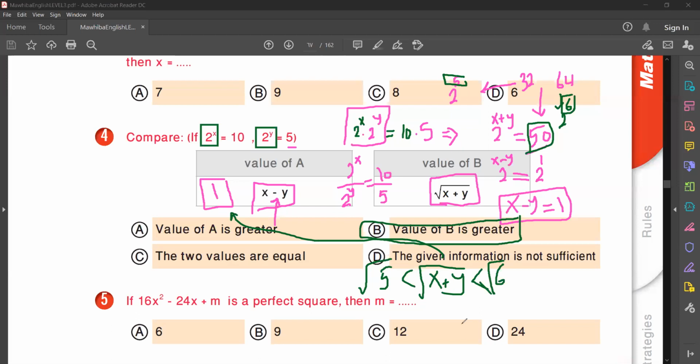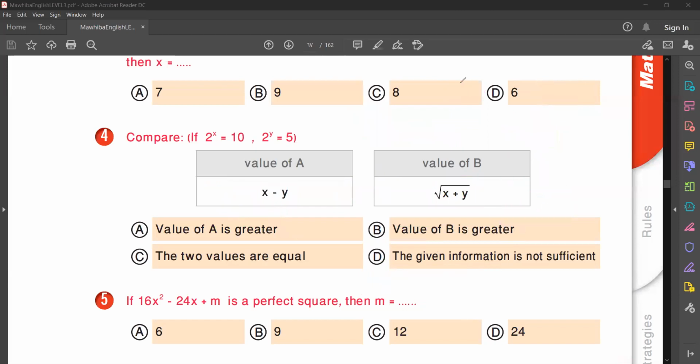You can estimate. How do I estimate? Maybe now I try to find another solution. You can estimate like this: 2 to the power x equals 10. When I have 2 to the power 1, it is 2.